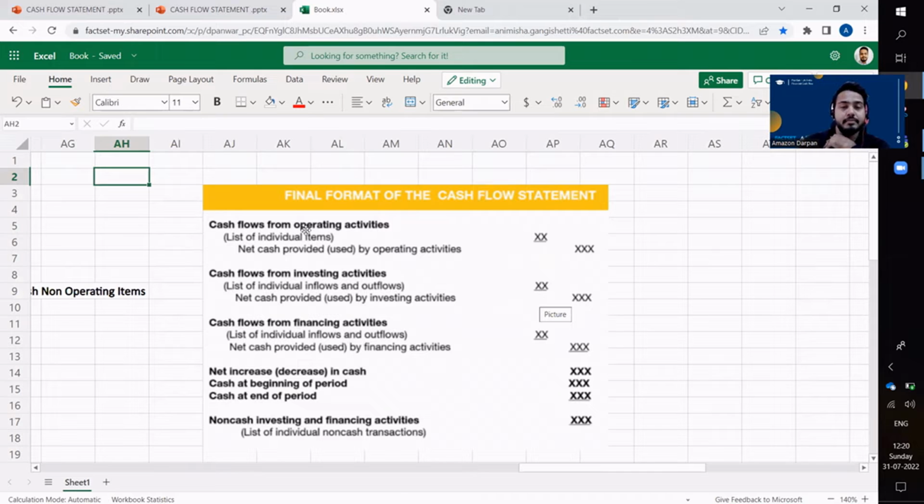First, we have the items related to operating activities. Then we have items related to investing activities, then financing, and then we move on to compute the net cash and cash equivalents, or else the net value of actual cash flows during the year for the company.